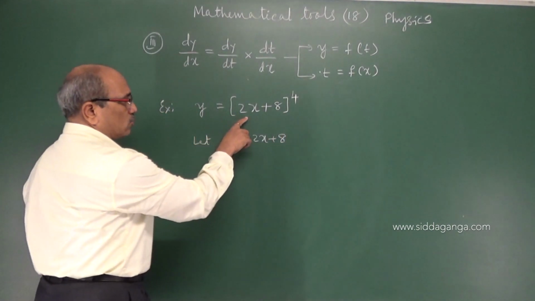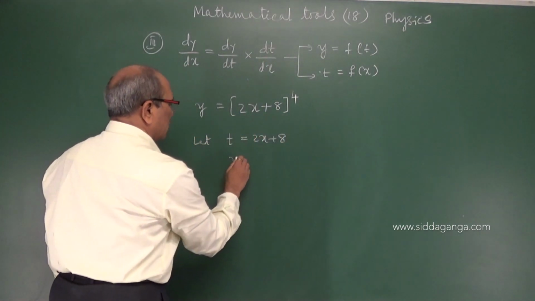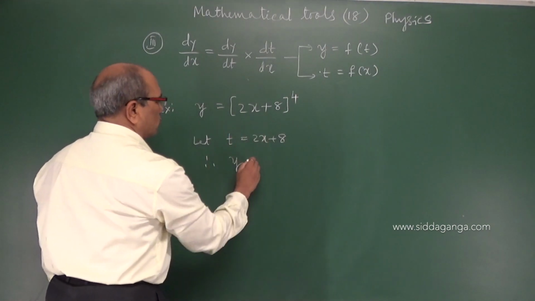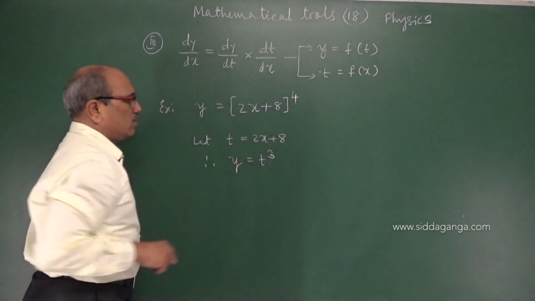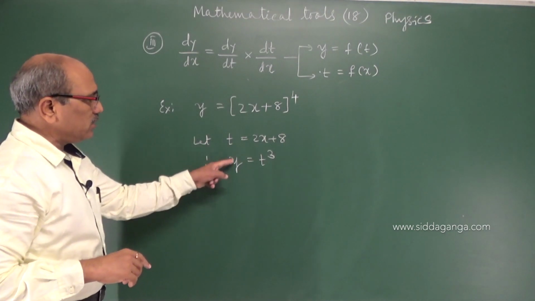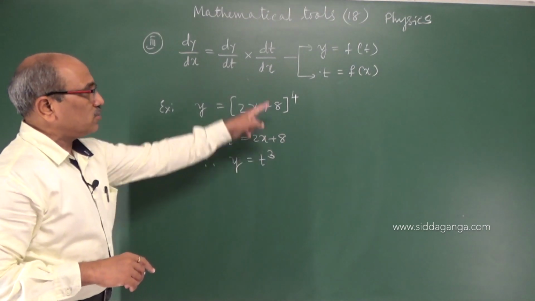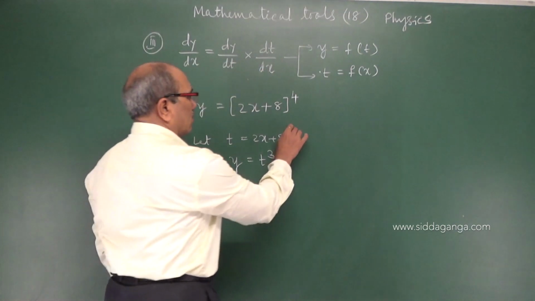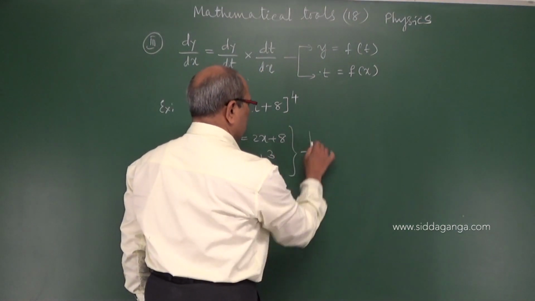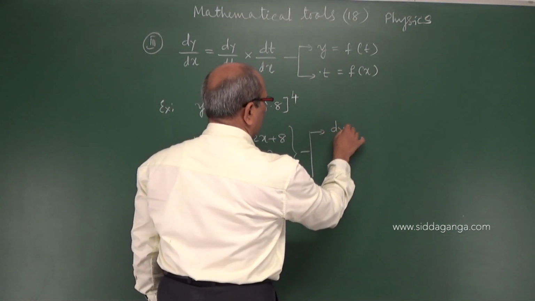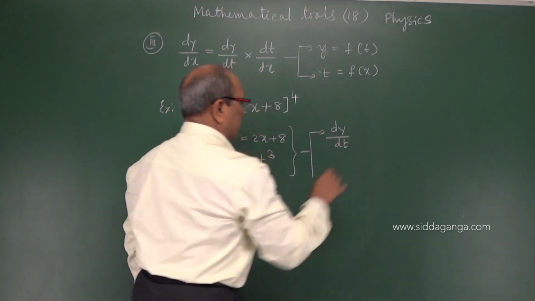If I take t equal to 2x plus 8, I can write y is equal to t power 4. Now we are seeing the relation that y is a function of t and t is a function of x. Now in relation to this, first I find the derivative of y with respect to t.